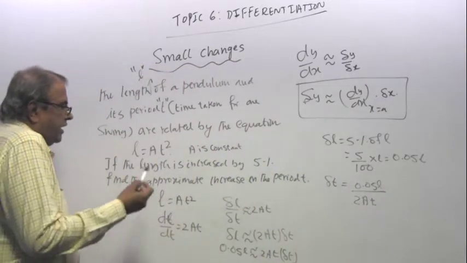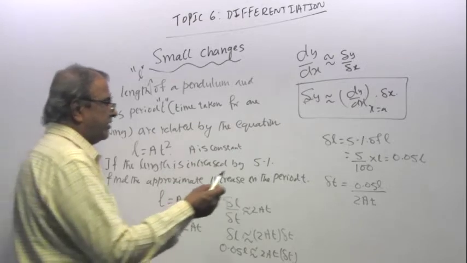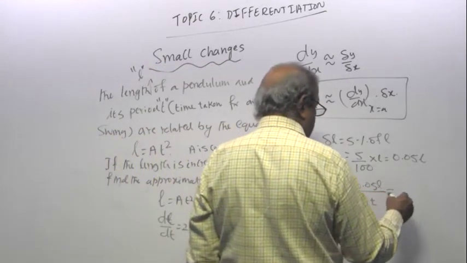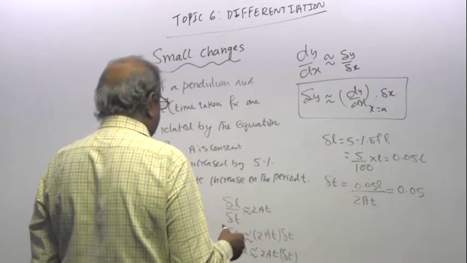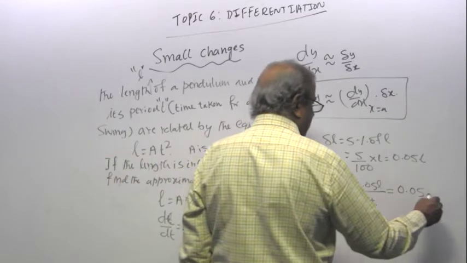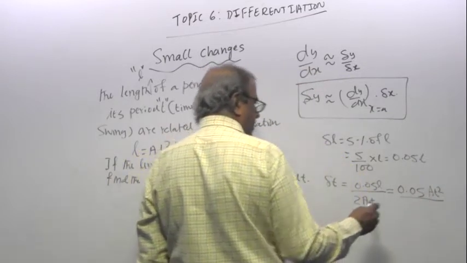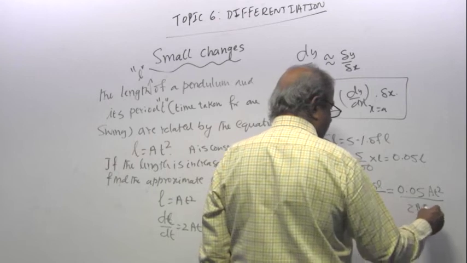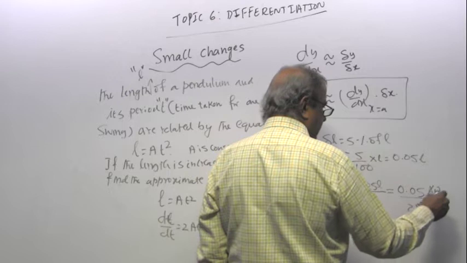But I need a percentage because I don't know what the value of T. So what can I substitute L as? 0.05, what is L? It is AT squared divided by 2AT. A and A goes, T and T goes.